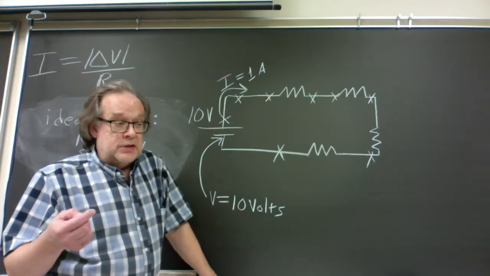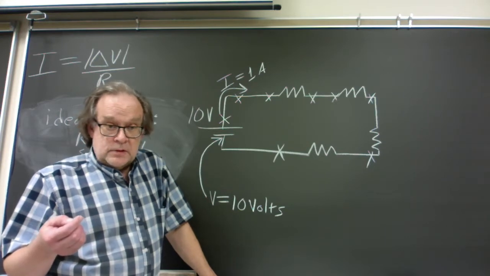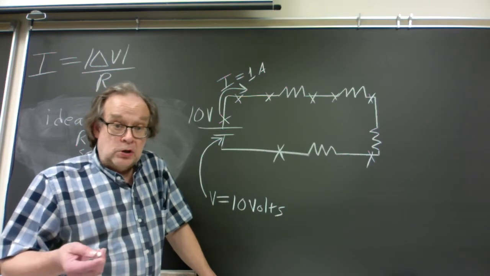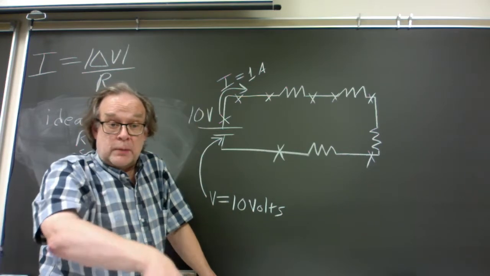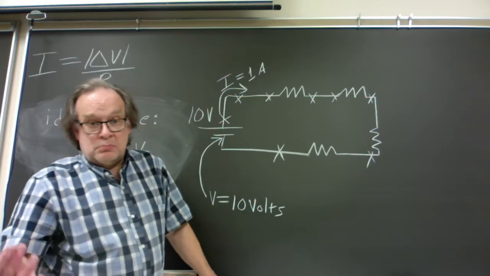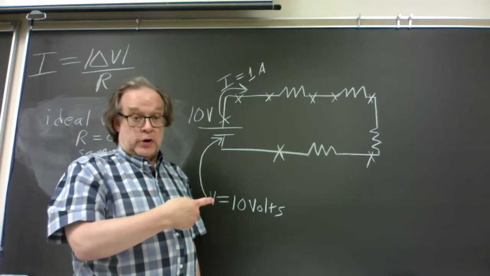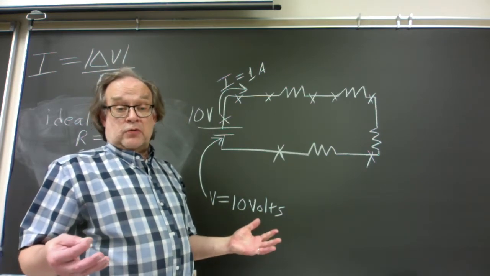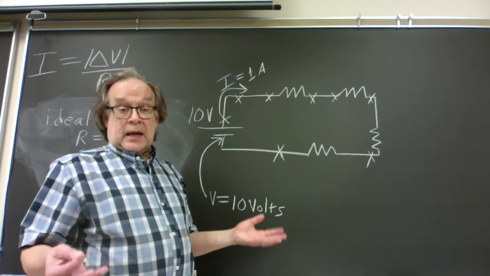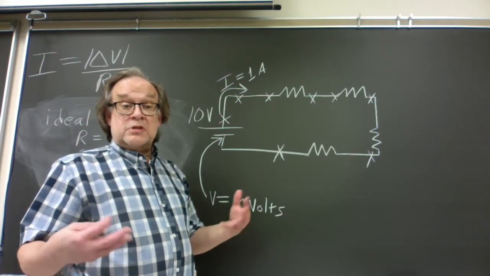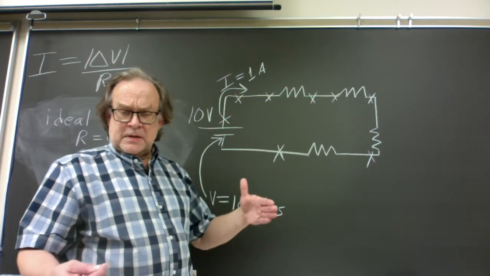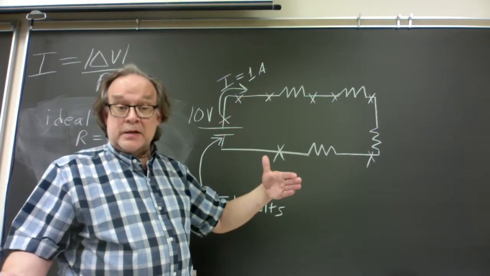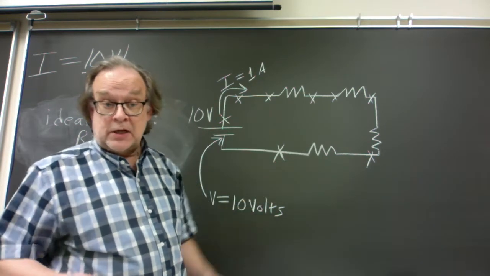Another important idea that you saw in the reading is so-called Kirchhoff's loop law. If you make a round trip through any circuit, a loop in other words, and you come back to where you started, according to that rule, the sum of all the potential differences has to add up to zero, which of course means that there are going to be positive potential differences and negative potential differences someplace else.